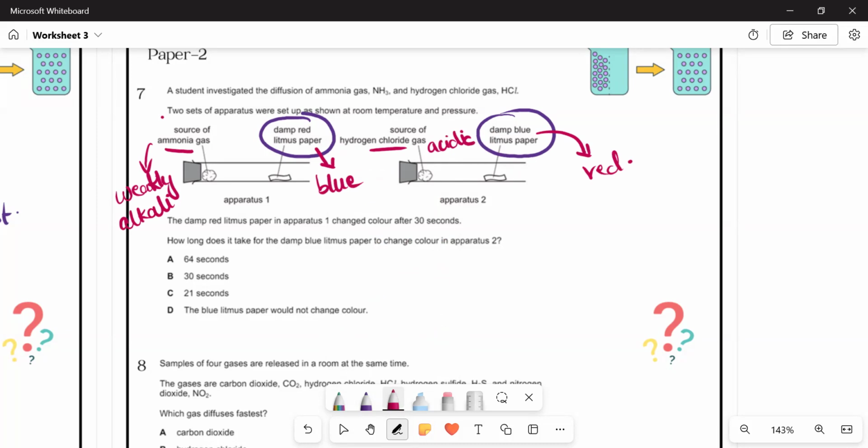The damp red litmus paper in apparatus 1 changed color after 30 seconds. So ammonia is changing the color in just 30 seconds, half of a minute. How long does it take for the damp blue litmus paper to change the color in apparatus 2? Hydrogen chloride particles are heavier than ammonia. They move much slower. So obviously they will take more than 30 seconds. So the answer is 64. They will take more time.